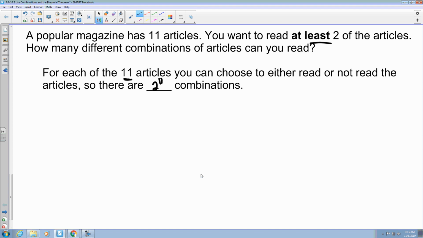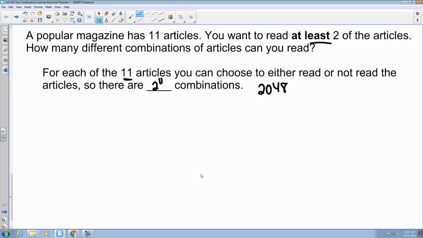When you have 2 to the 11th power, you have 2048 possible outcomes. That includes reading every single article, or reading just one article, two articles, three articles, four articles, five articles, and so on.